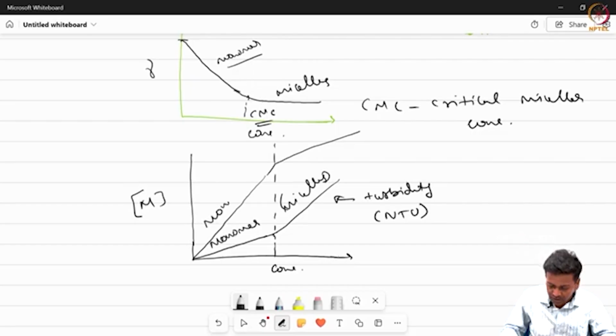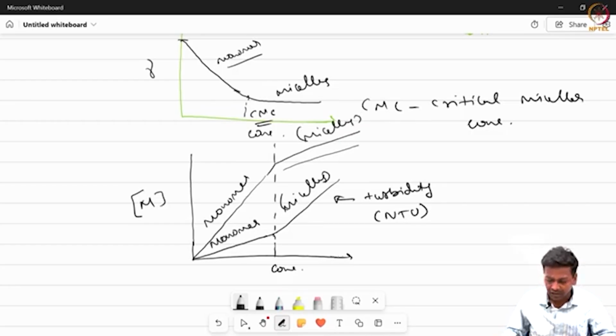When you use the conductivity probe, as long as the surfactant is in the monomer state, it doesn't hinder the ionic movement, so the rate at which the conductivity increases is higher than the rate in the domain where micelles are formed, right?